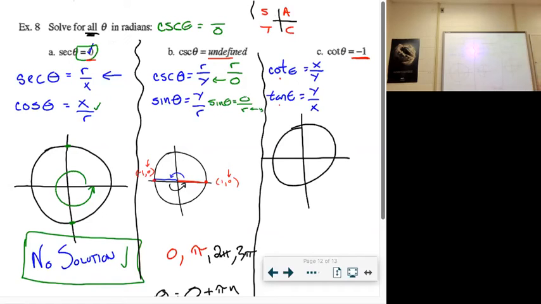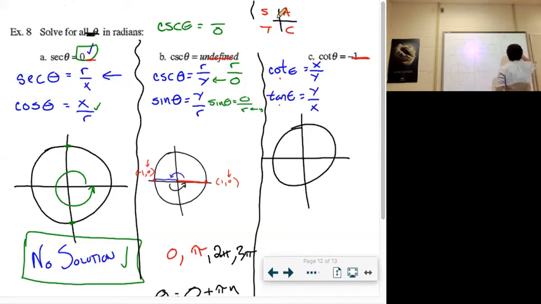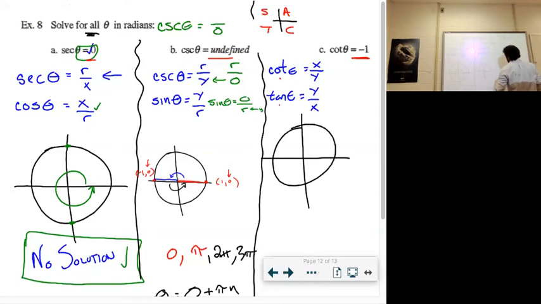So since cotangent is negative, and cotangent and tangent share the same positive and negative signs where those angles terminate in their respective quadrants, that means we cannot be in quadrant 1. So that's out of the way.